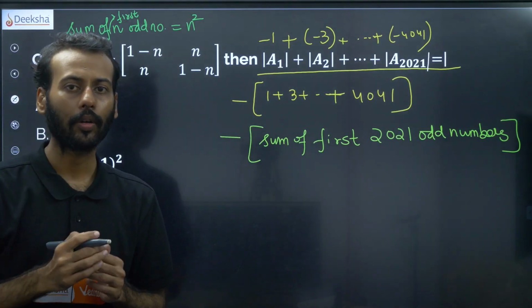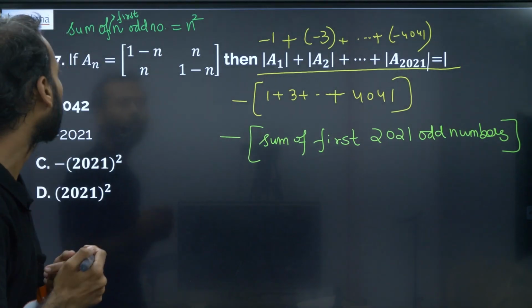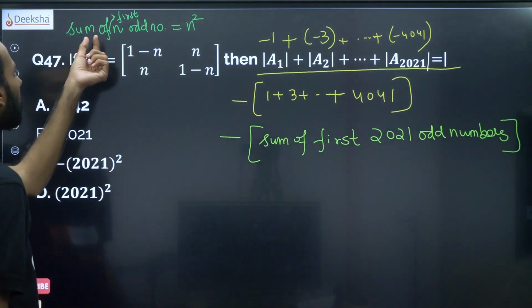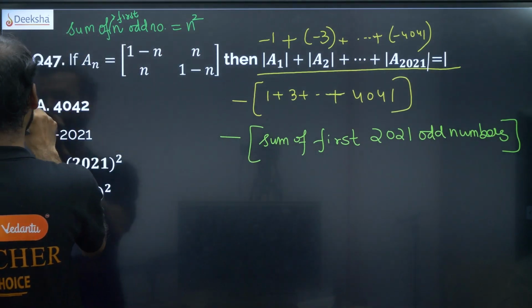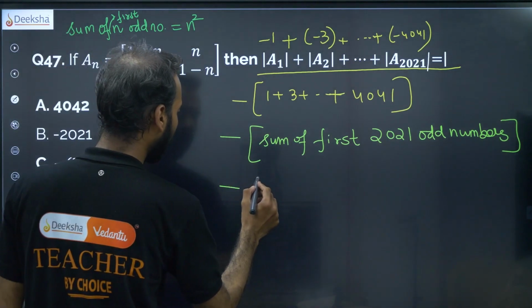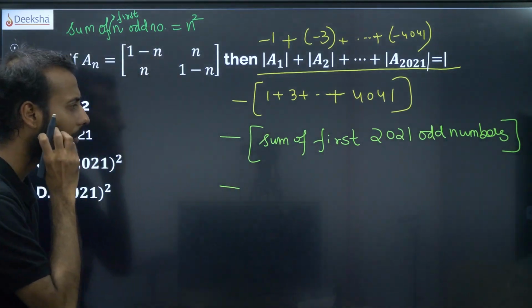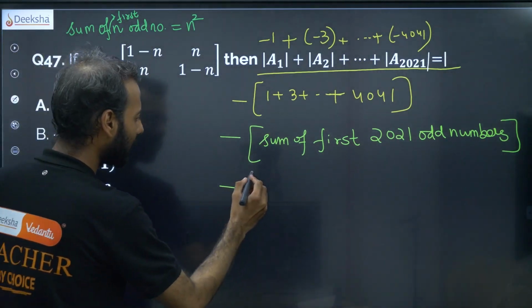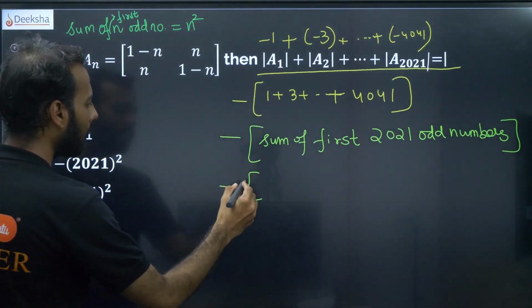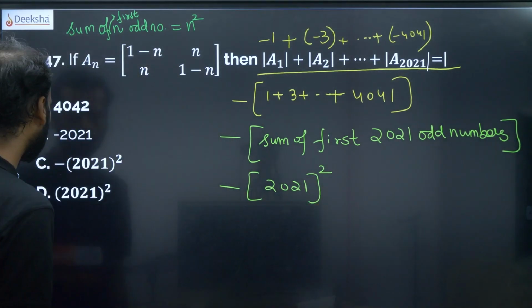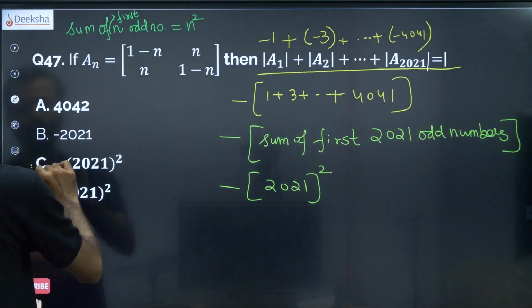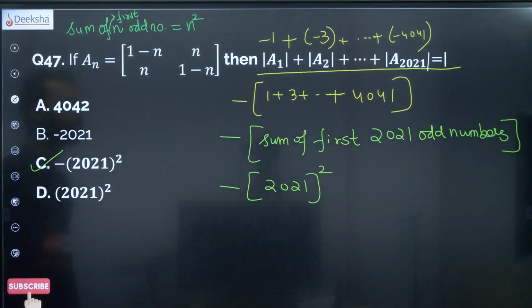In 8th standard you have a chapter, squares and square roots, where they teach all this. So here this becomes minus the sum of the first 2021 odd numbers, which will be minus of 2021 square. Is there any option minus of 2021 square? C is the answer. I hope it is clear.